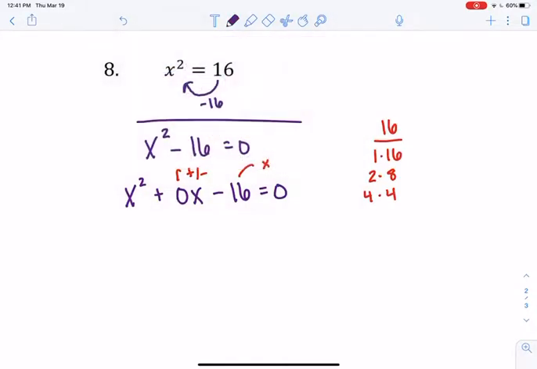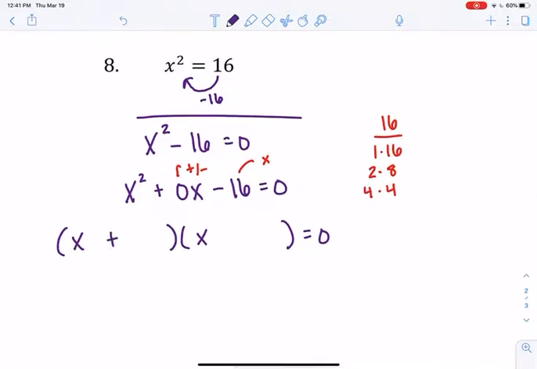Making our parentheses, sorry, I should have done that first, split up my x. I'm going to say plus 4 and minus 4 because 4 minus 4 is 0 and 4 times negative 4 gives me negative 16.